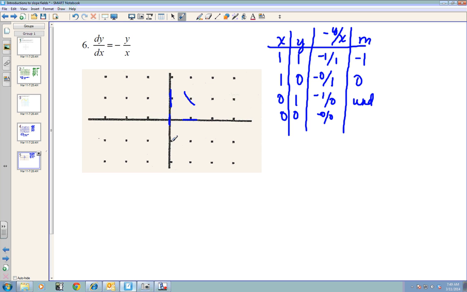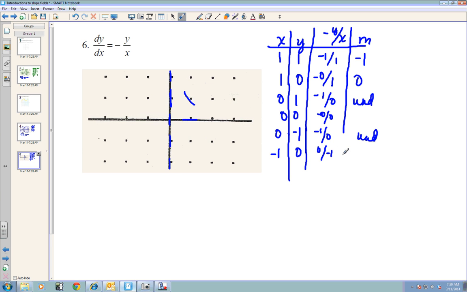Okay, at the point 0, negative 1, do you see I have negative 1 over 0? So all of the lines right here, those will all be vertical lines because my slope is undefined. But after that, let's do this point. This is the point negative 1, 0.